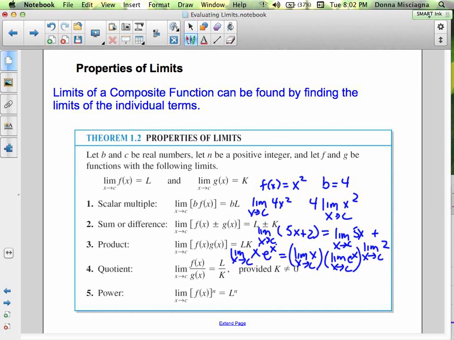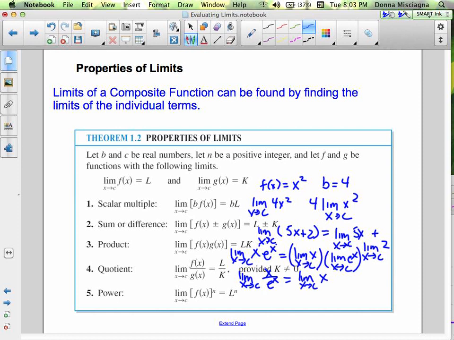So if I had the limit, I'll use the same example, as x approaches c of x divided by e to the x, that would be equal to the limit as x approaches c of x divided by the limit as x approaches c of e to the x, provided that, in this case, well, we don't have to worry because e to the x is never 0, so it's no big deal.